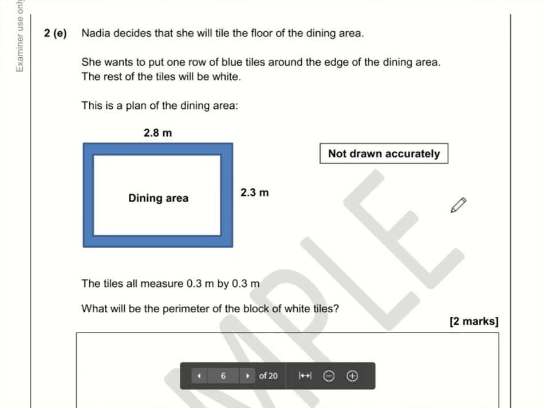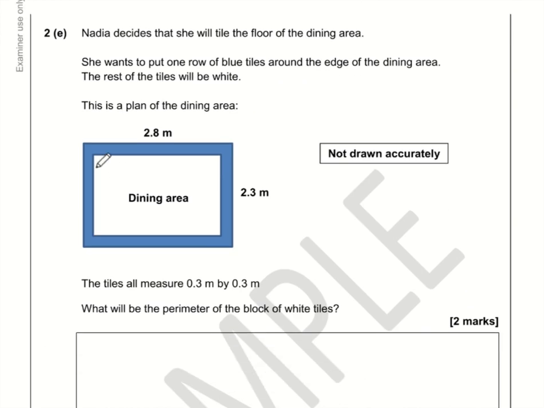Okay, so we want the perimeter of the white tiles, so we want this measurement here. Now, we've been told that there's going to be a row of blue tiles around the edges, and the tiles are 0.3 meters. So this gap here is 0.3, this gap here is 0.3, so this side length is going to be 2.8 minus 0.3 minus 0.3, which is 2.2 meters.